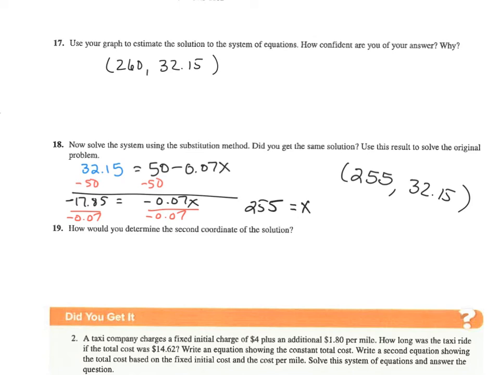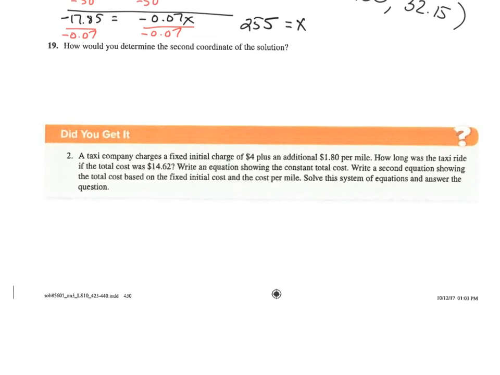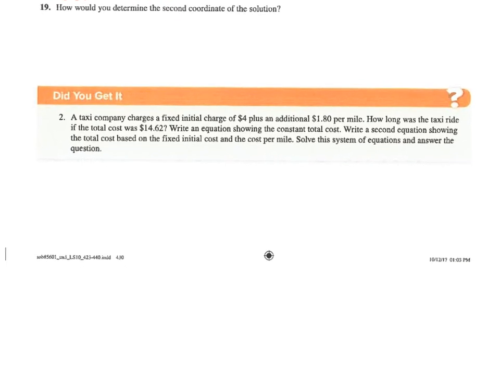You might want to try the Did You Get It number 2 on your own. Go ahead and pause this and let's at least look at what your equation should be. A taxi company charges a fixed initial charge plus an additional $1.80 per mile.